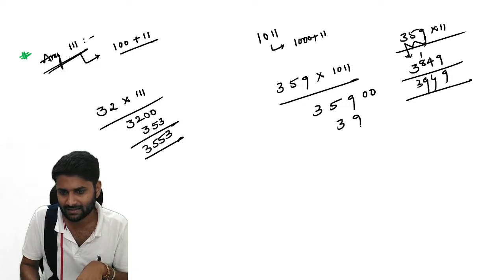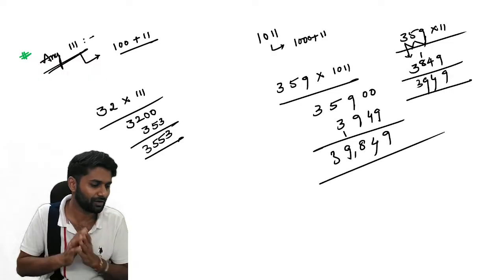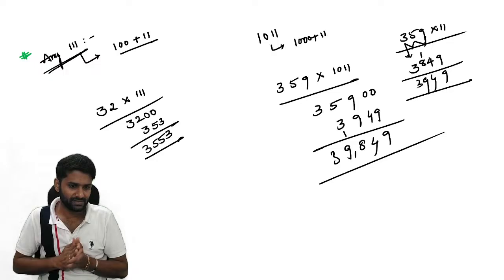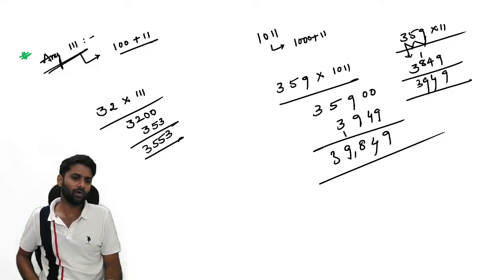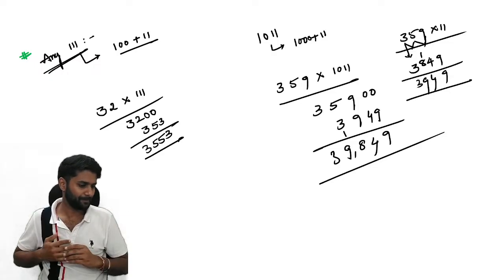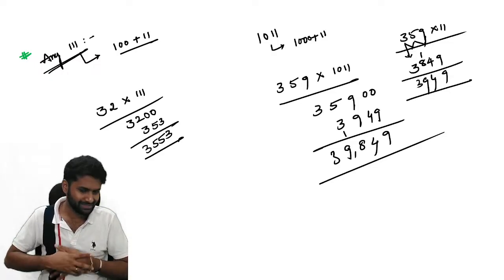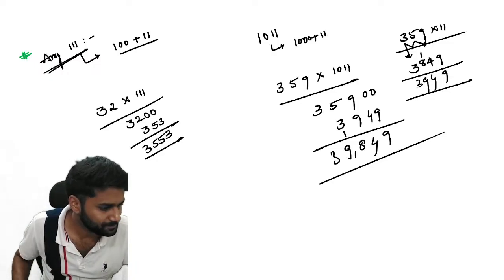So just add them. Then the resultant becomes 394,849. Is it clear? You can take any number which is multiplied with 11, 111 or 1011. So the approach is the same. So is it clear? All these 11 type multiples.